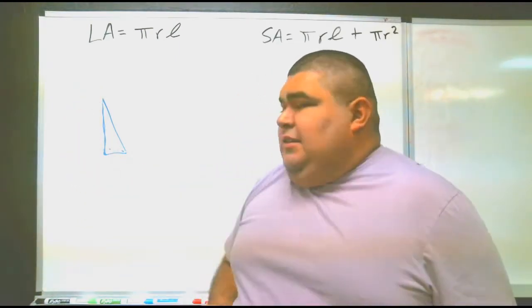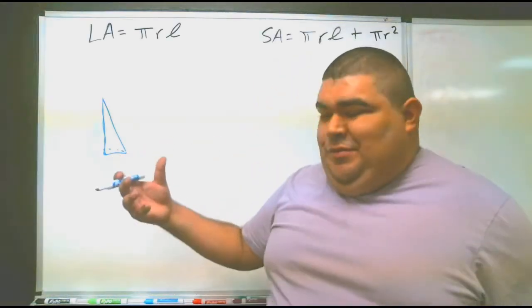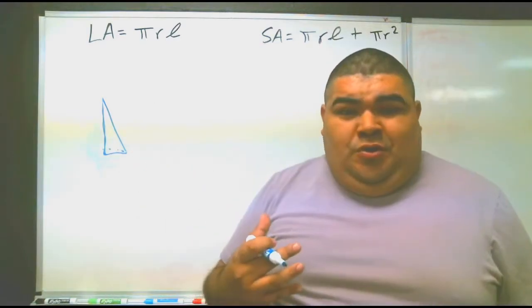Doesn't that kind of look like a right triangle? It does, right? Therefore, it's a right cone because it makes a right triangle in one corner.